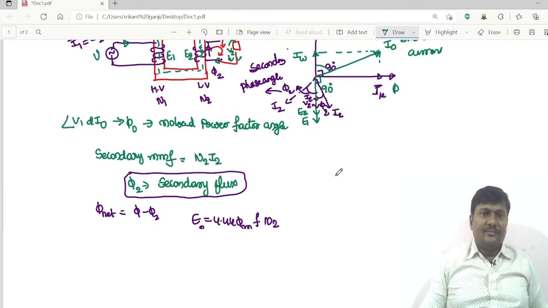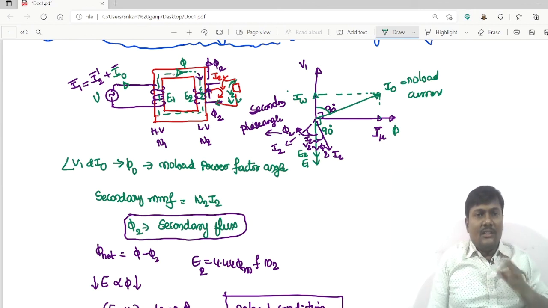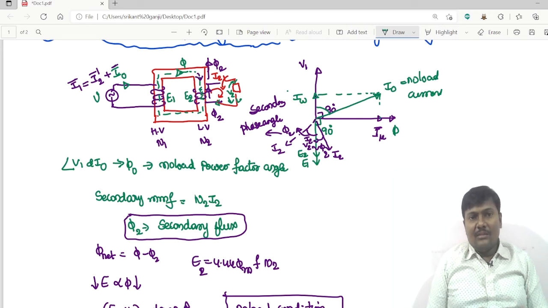So once again, listen. When the secondary is loaded, the secondary current flows through the load as well as the secondary number of turns.